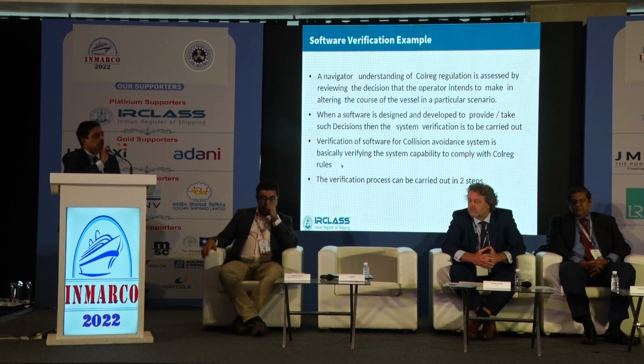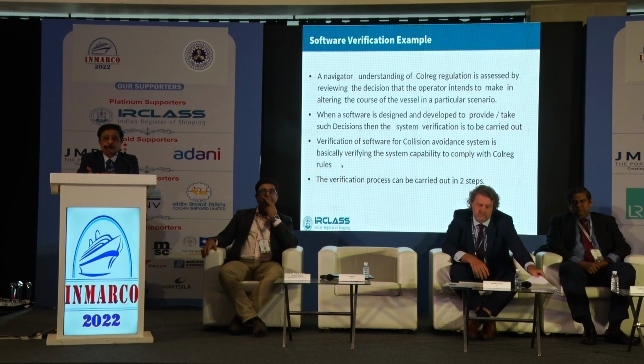A small example, let us say collision avoidance, one of the important things in autonomous ships. If a normal navigator were trying to check his knowledge, whether he has understood the COLREG rules properly or not, they would show him a situation. How do you apply a rule if you're overtaking a vessel? Now, the same is to be done by a system.